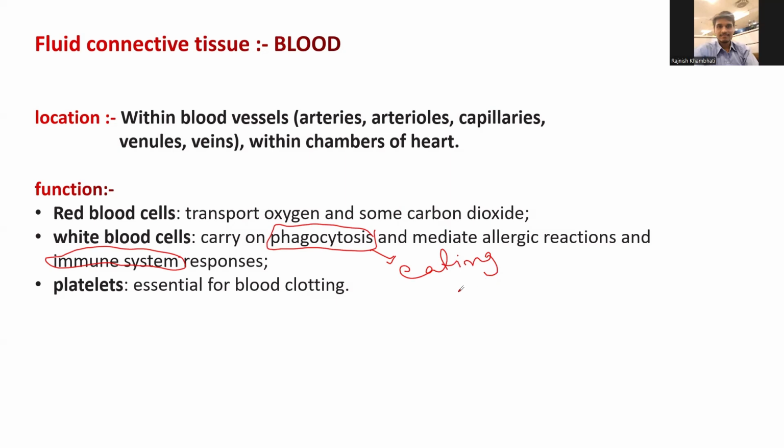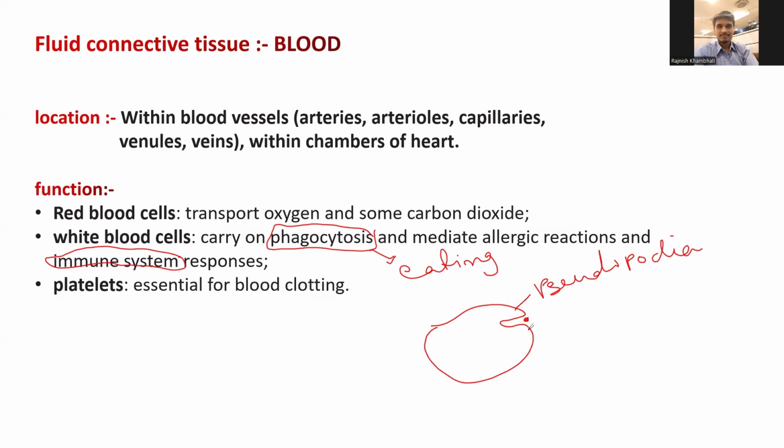When a cell like WBC, they will produce the pseudopodia. Like this is the plasma membrane. They form this, which is called a pseudopodia. And this is, for example, some bacteria.